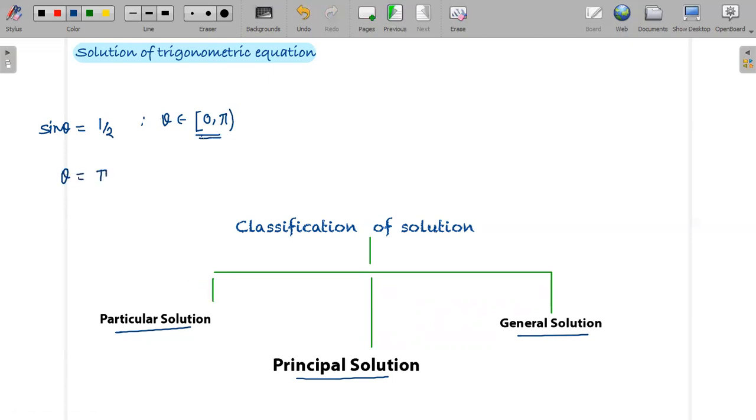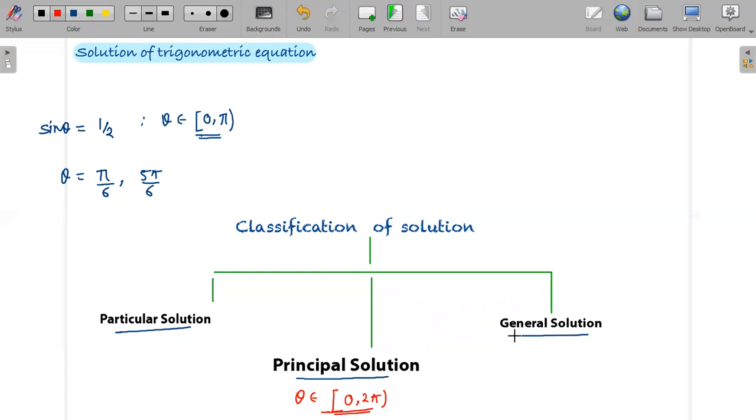Let me write down the solution quickly. It is pi by 6 and 5 pi by 6. Now what will the principal solution be? If we are getting the solution in the range of 0 to 2 pi, then your solution will be known as the principal solution. Solutions beyond this range will not be counted in those specific solutions.